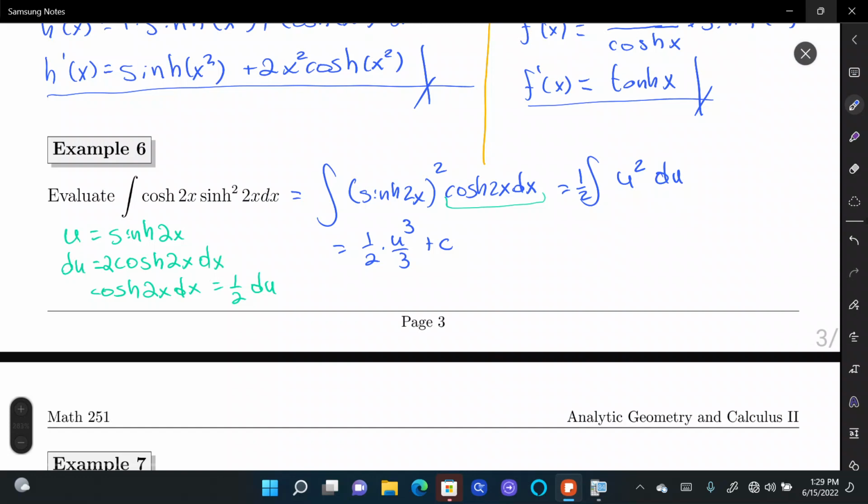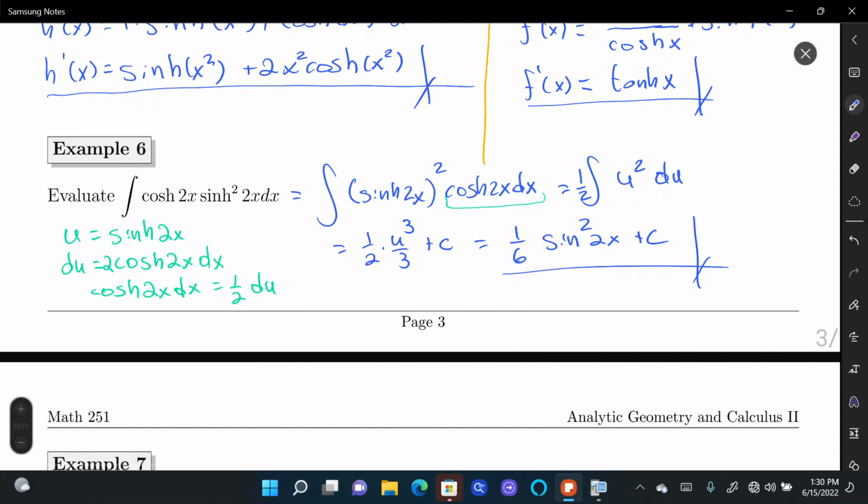That's going to be 1/3 times, in this case, u, which is sinh x, cubed. All right. Simple u substitution in this case, nothing really fancy. Of course, we're going to get to the integration methods in the next chapter, next week actually.